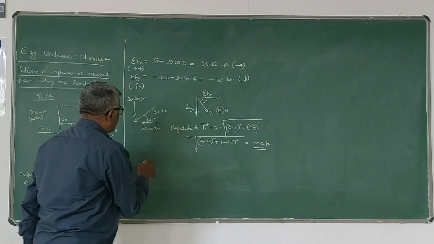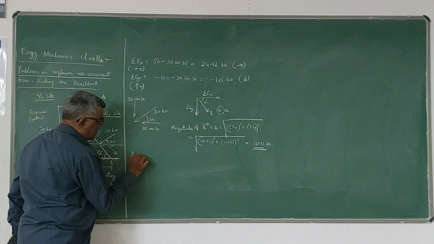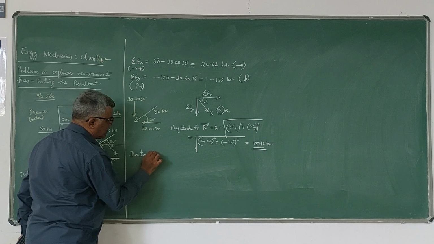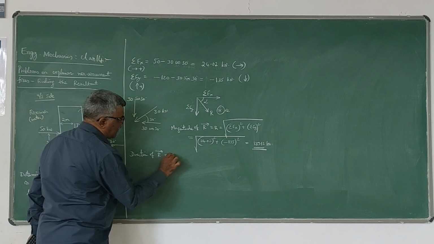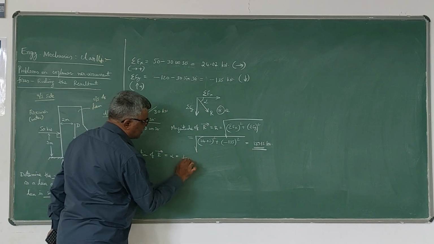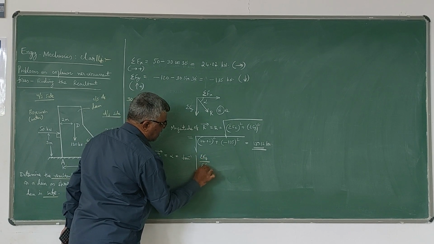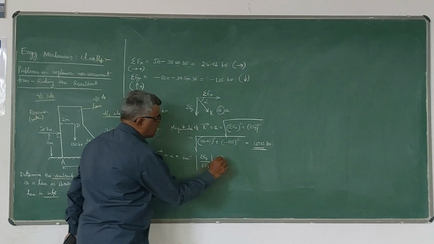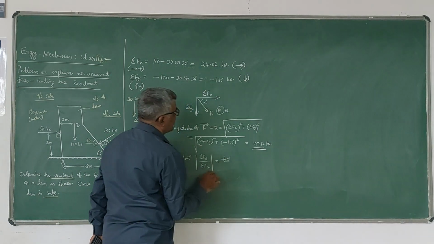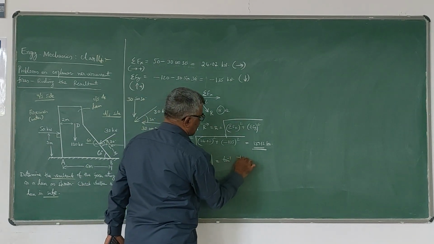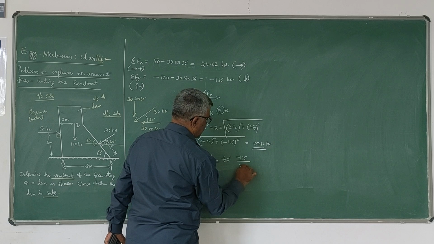Of course, the direction alpha, the direction of R, is equal to tan inverse of modulus sigma Fy by sigma Fx, which comes out to be tan inverse of minus 135 by 24.02.